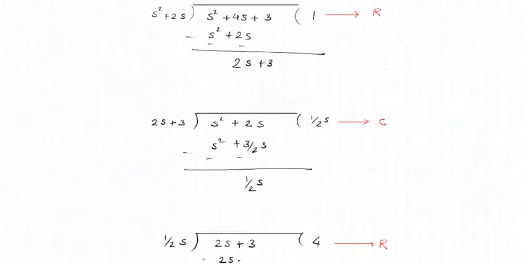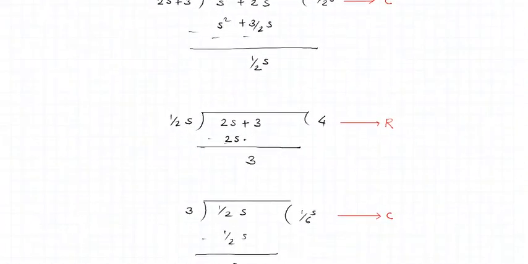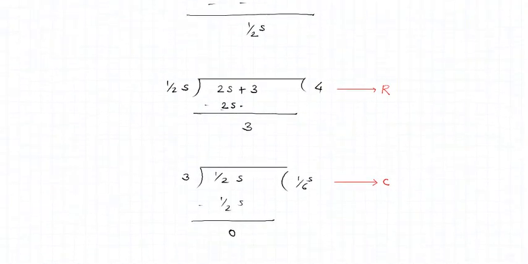In the next step, dividing this element by this, the second value obtained is 1 by 2s. Since the remainder is not 0, we continue the division in the third step. Dividing 1 by 2s by 3 by 1 by 2s gives us a quotient of 4.